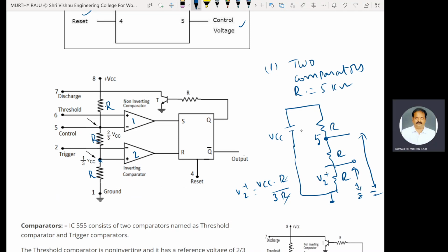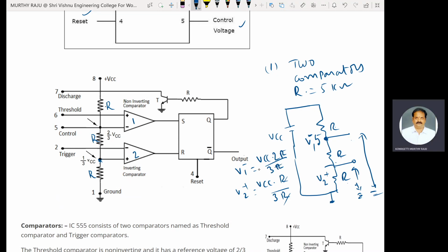This one is comparator 1 minus, or the fifth pin of the 555 timer IC. V1 minus is equal to, these are the reference voltages, VCC into R plus R with respect to ground. This voltage is R, this voltage is R, 2R by the sum of these three resistances.